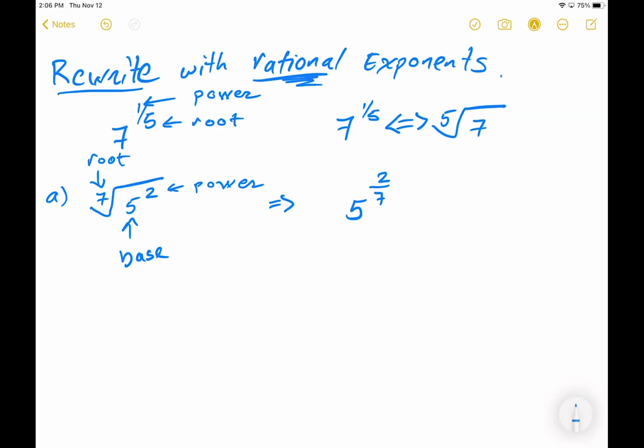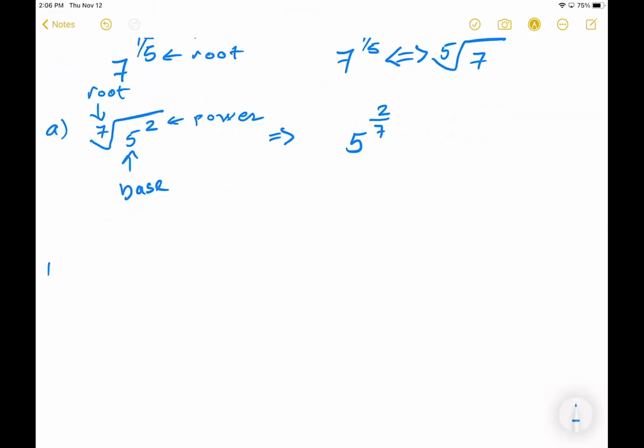So no matter what they give you, for instance, they can give you the square root of x. And again, for the square root of x, if there is no power, then this will be our first power.